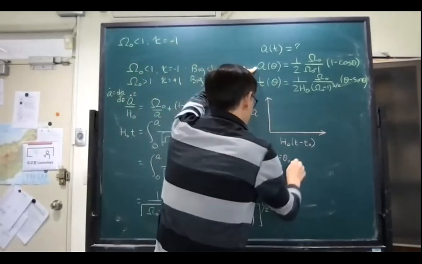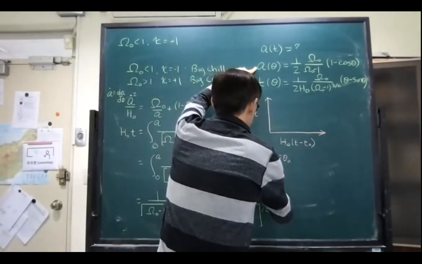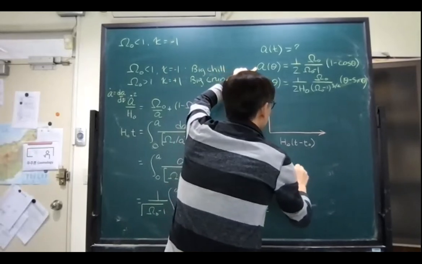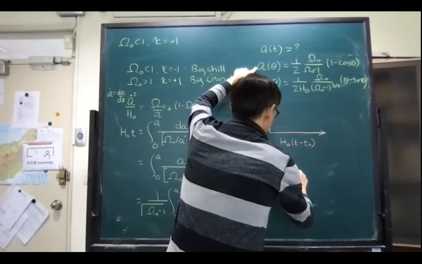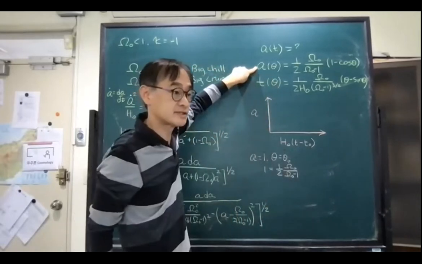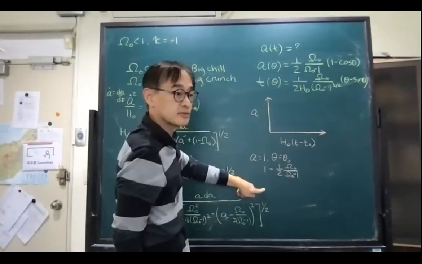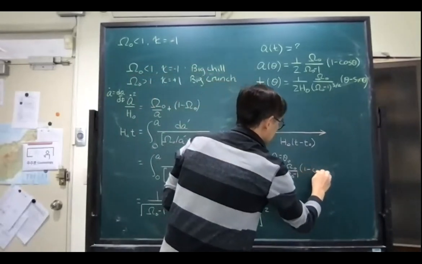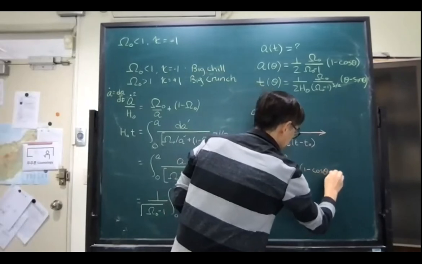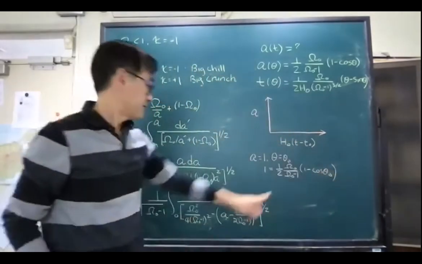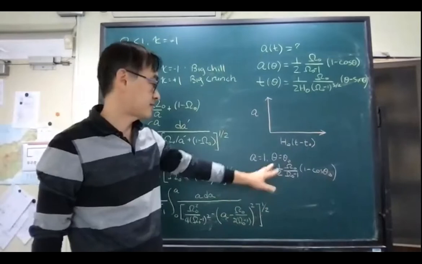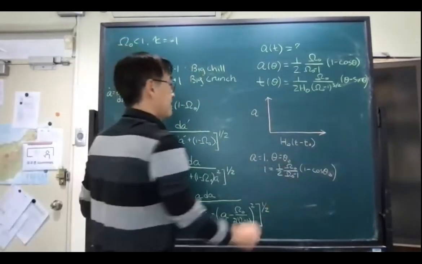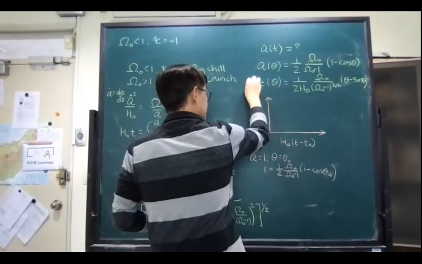So from here, you get 1 is equal to 1/2 omega 0 over omega 0 minus 1. Not sure whether you can still see this. Maybe too small. And 1 minus cosine theta 0. That's theta 0. And you have to get theta 0 from there. Put that theta 0 to this equation.